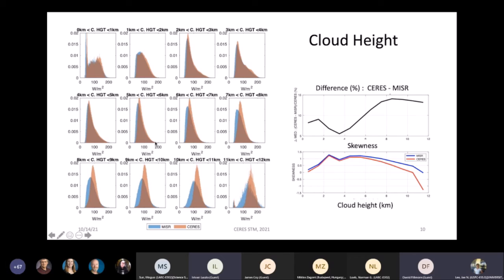The PDFs are getting closer to the normal distribution for high cloud regions, and the skewness approaches 0 when the clouds are located at 9 to 11 kilometers, as you can see from the plots on the right side of different percent and skewness as a function of cloud height.